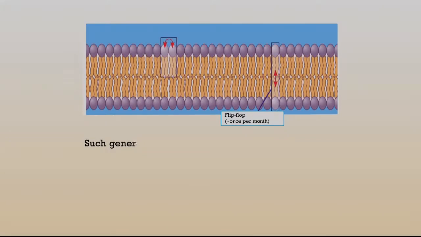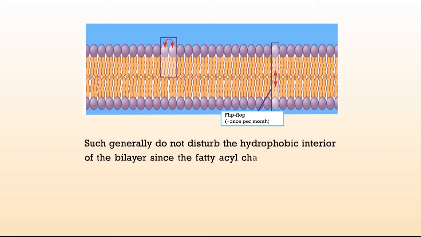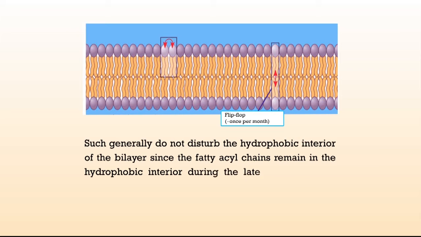In most membranes, the phospholipid molecules can rotate freely around their long axis in the two-dimensional plane of a bilayer and also can diffuse laterally within each leaflet of the bilayer. Such rotations generally do not disturb the hydrophobic interior of the bilayer, since the fatty acyl chains remain in the hydrophobic interior during the lateral or rotational movements of the lipid molecule.